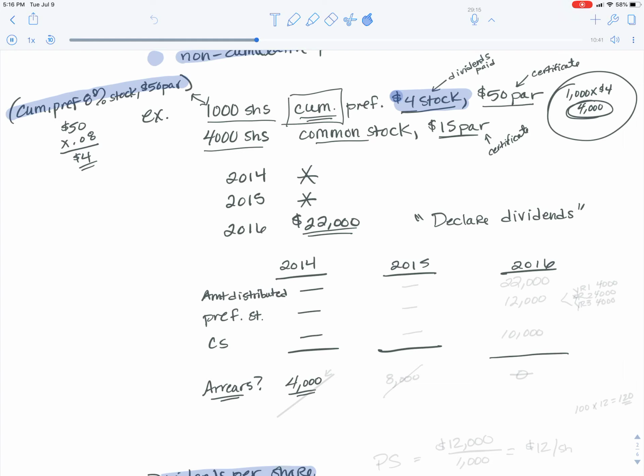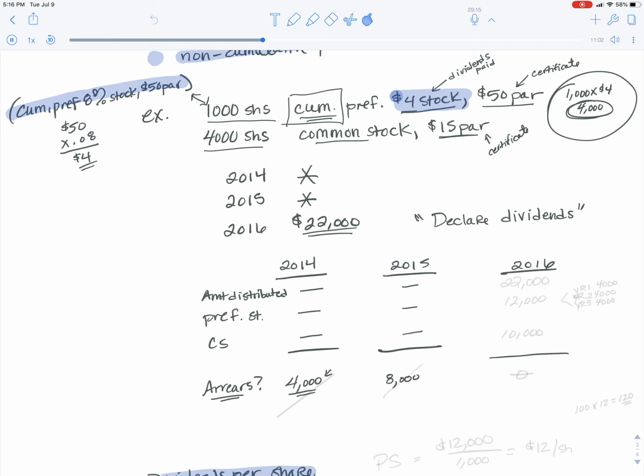Okay, 2015, no amount distributed. Preferred stockholders don't get any. Common stockholders don't get any. So how many's in arrears now? Well, you still have dividends from year one, and they didn't get paid in 2015. So now there's $8,000 in arrears.